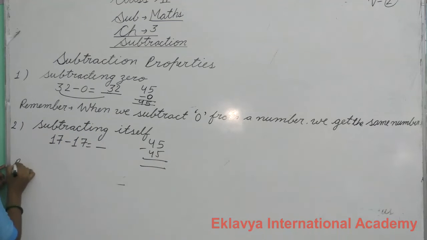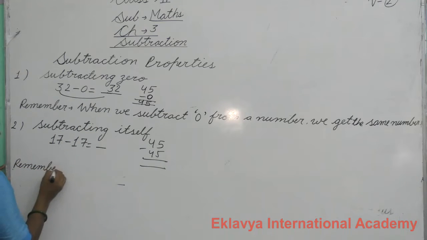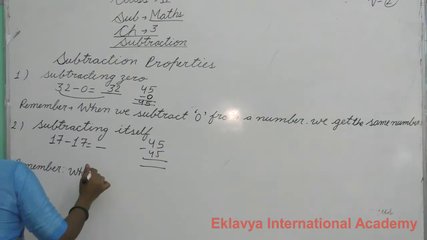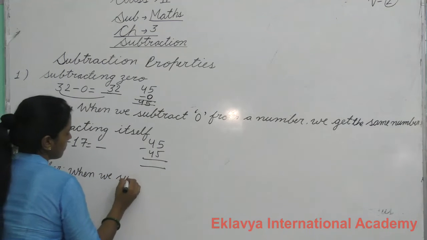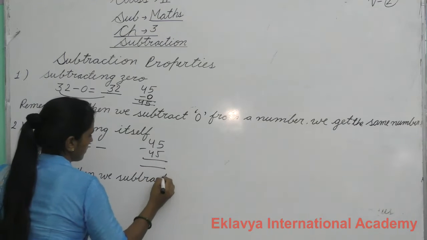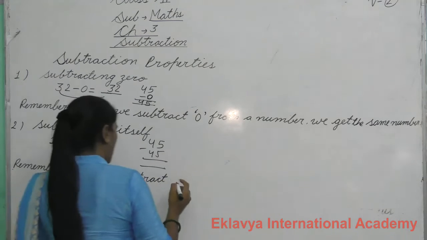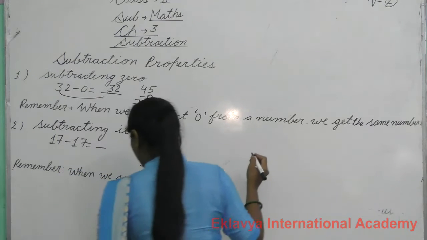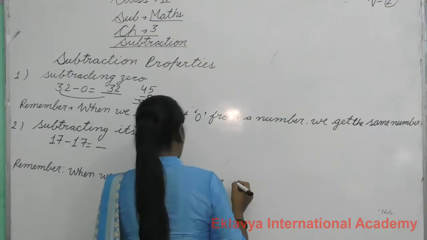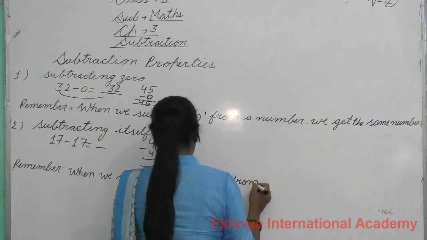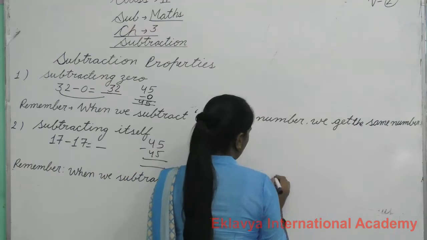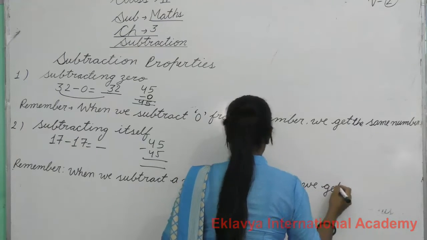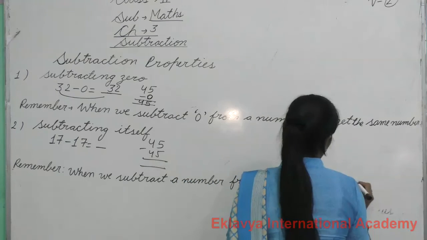Remember, when we subtract a number from itself, we get 0.